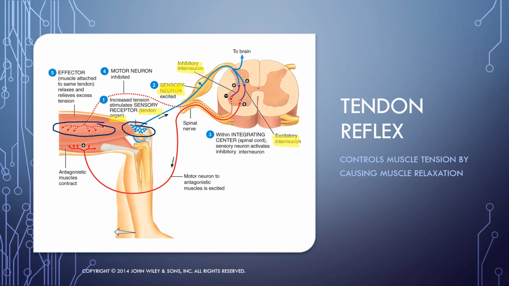So it's going to relieve that excess tension there. Then the excitatory interneuron is going to actually cause the antagonistic muscles to contract. So this will actually cause, in this case, the foot, or the leg rather, to flex.